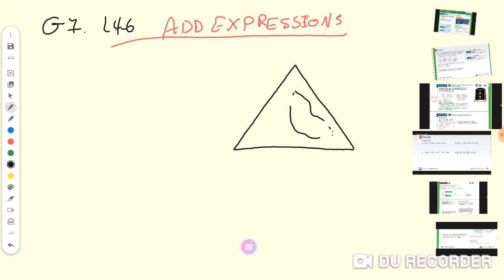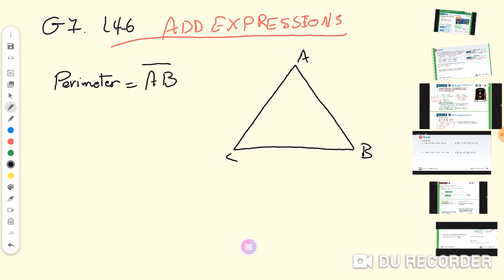So what is the perimeter of a triangle? Actually, the perimeter of a triangle is the sum of its sides. So if I have triangle A, B, C, the perimeter equals the length of AB plus BC plus AC.